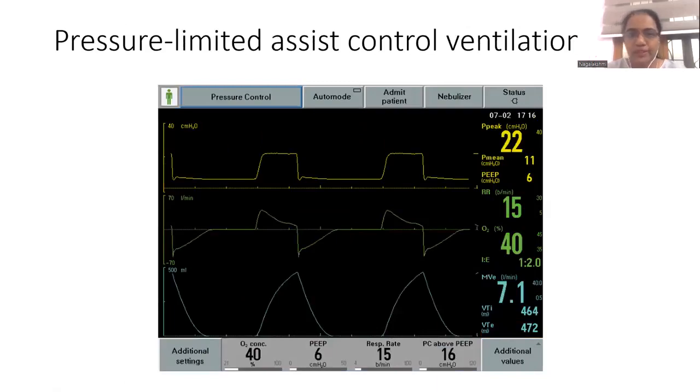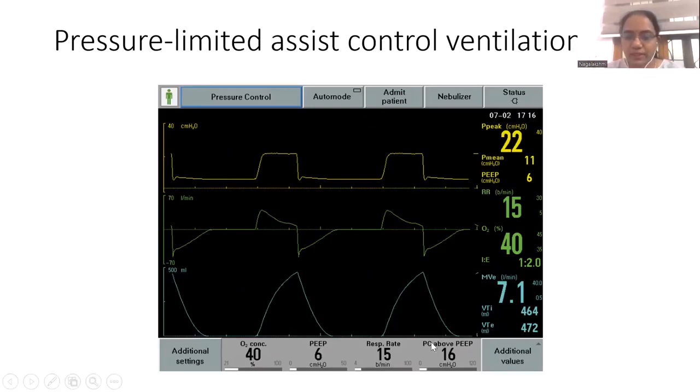Now coming on to the pressure control ventilation. If you see the lower panel, here we set up the oxygen concentration, peep, and respiratory rate as in the volume control mode, and the pressure control above the peep is set. So here the pressure is fixed, and the side panel shows the respiratory rate is varying according to the breathing pattern or according to the compliance of the lung.